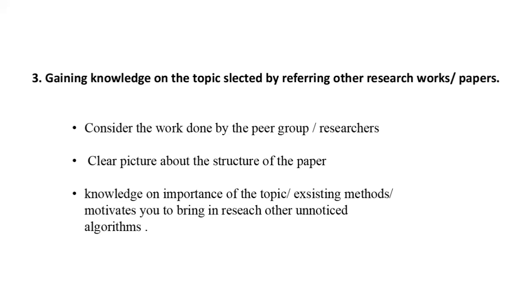If you have a unique idea, then only can you stand out from the crowd and get noticed with a good publication. For all this knowledge, you need to go through the research works or papers which are already in the market. That should be your third concept.